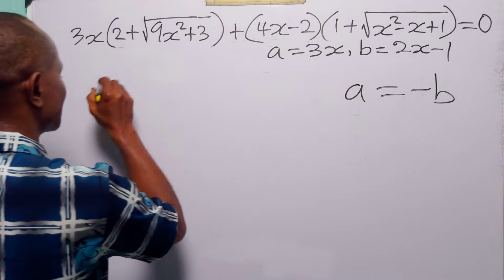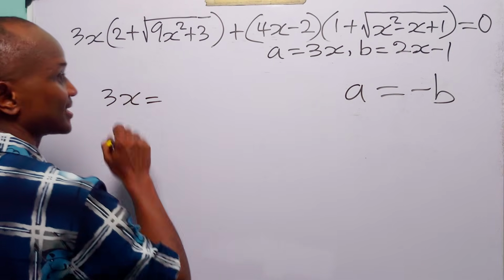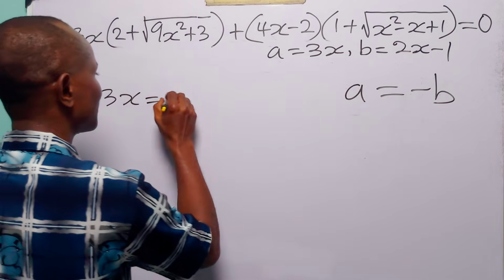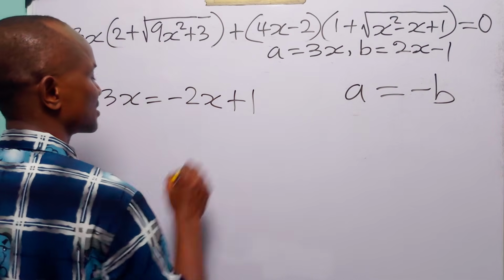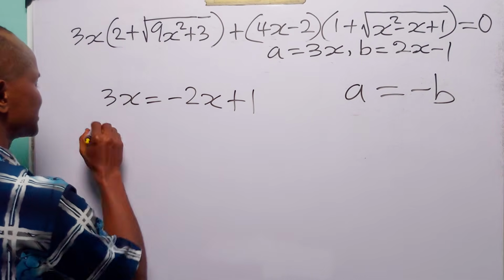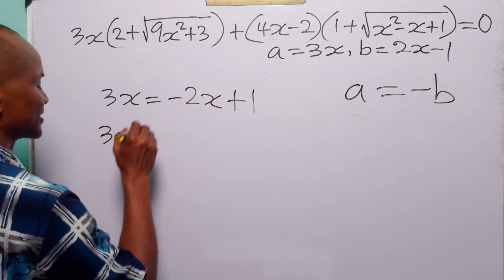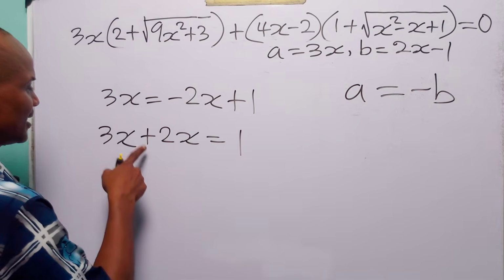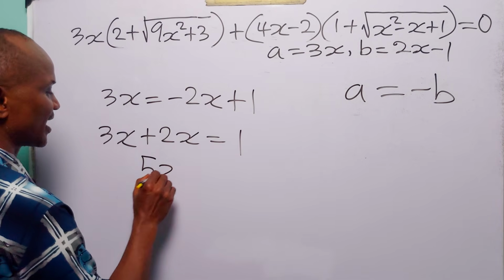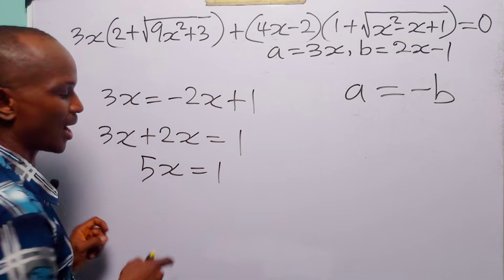And from here we have that 3x is equal to minus 2x. Minus minus is plus 1. Rearranging this equation, we have 3x plus 2x is equal to 1. 3x plus 2x is 5x. This is equal to 1.